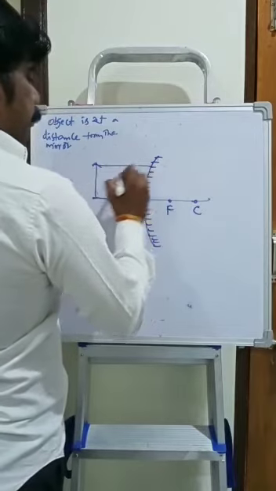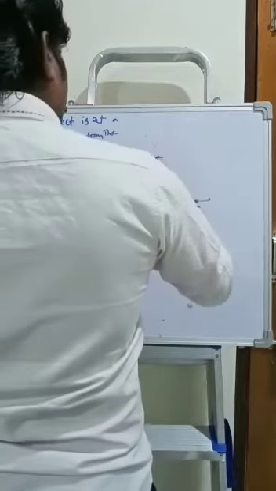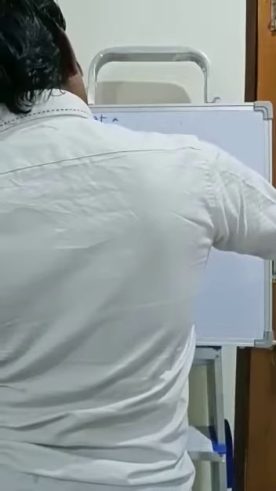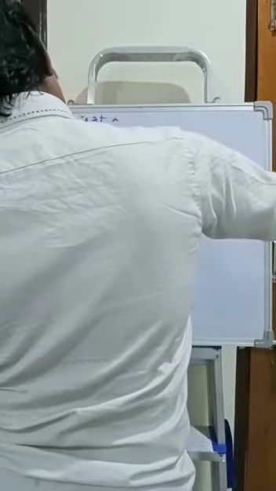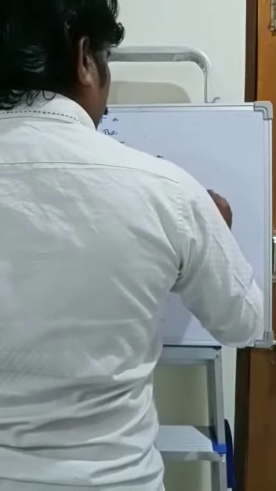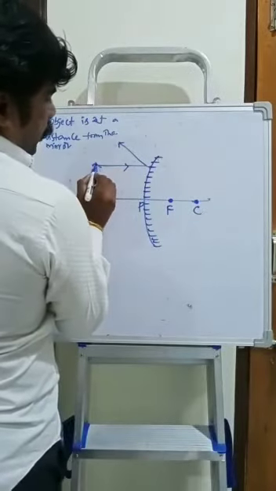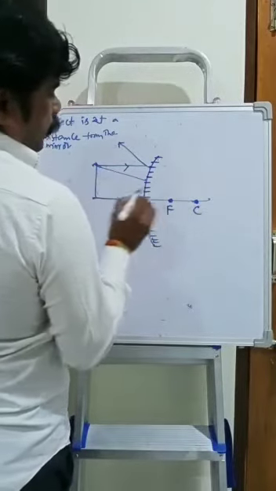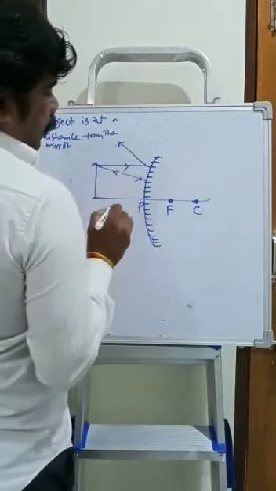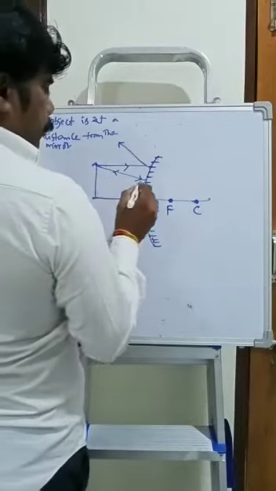The first incident ray is parallel to the principal axis. After reflection, it should pass through the focus. Then you take the second ray, which is passing through the center of curvature. It should be reflected back in the same way.